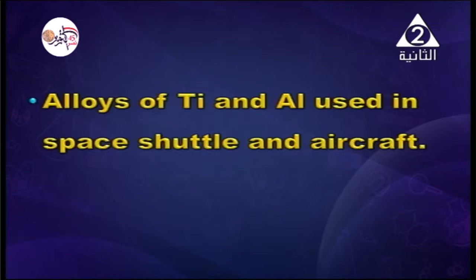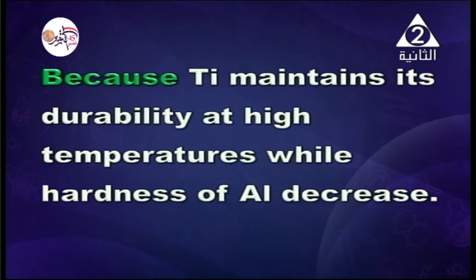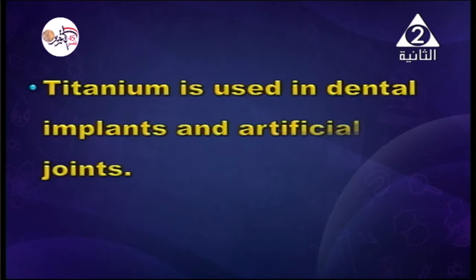Next point. Alloy of titanium and aluminum is used in space shuttles and aircraft. The reason, because titanium maintains its durability at high temperature, while the hardness of aluminum decreases. Next point. Titanium is used in dental implants and artificial joints.